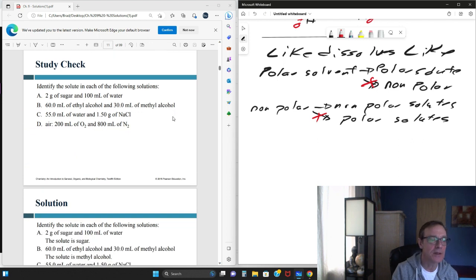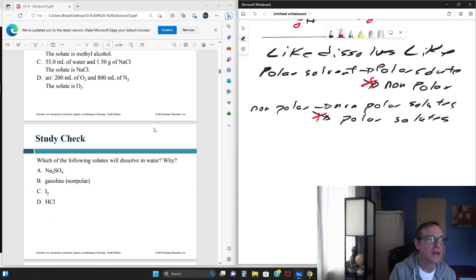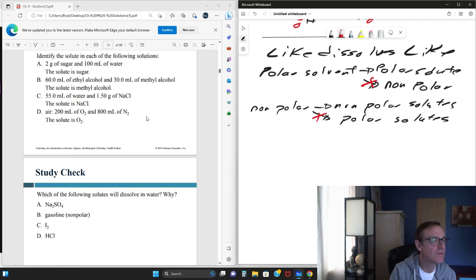Okay, so let's just look these over really quickly here. When you have 2 grams of sugar and 100 milliliters of water, of course, the solute is sugar. It's a much lower quantity. 60 milliliters of ethyl alcohol with 30 milliliters of methyl alcohol: the solute is methyl alcohol, at half the quantity of the ethyl alcohol. 150 milliliters of water, 1.5 grams of sodium chloride: the solute is sodium chloride.